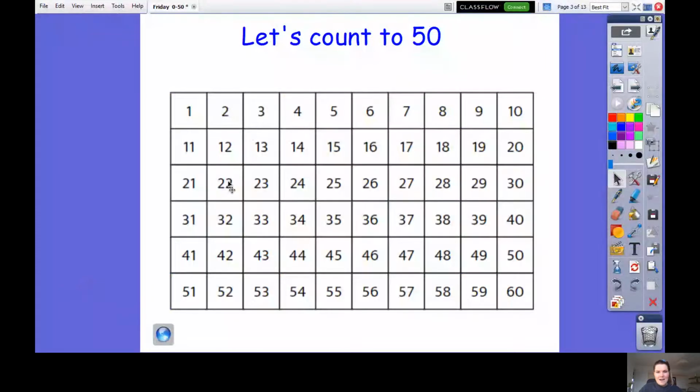Fantastic, everybody. So we counted all the way to 50 with DJ Count to help us. So let's have a go together. Okay, you ready? On the count of 3. 1, 2, 3. 1, 2, 3, 4, 5, 6, 7, 8, 9, 10, 11, 12, 13, 14, 15, 16, 17, 18, 19, 20. 21, 22, 23, 24, 25, 26, 27, 28, 29, 30.